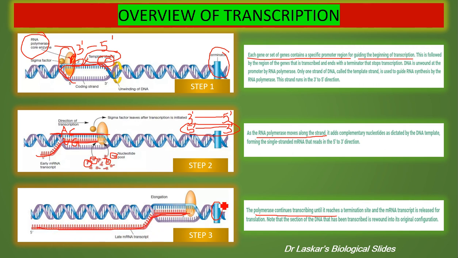So here the mRNA which is transcribed is released for protein synthesis in the translation process. Note that the section of the DNA that has been transcribed is rewound into its original configuration. So the DNA which was unwound previously by the polymerase becomes rewound into its original configuration.